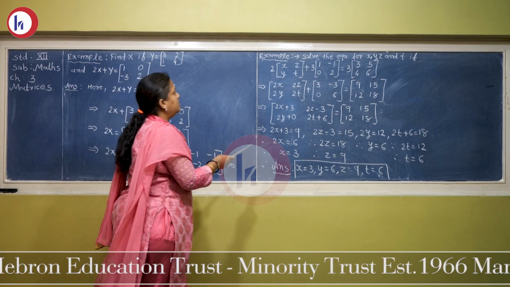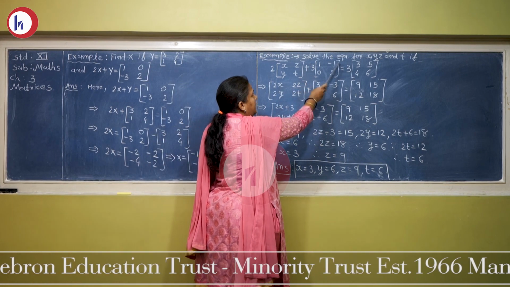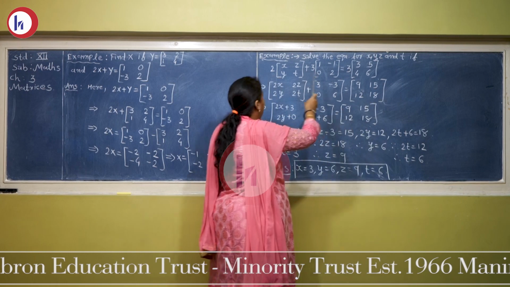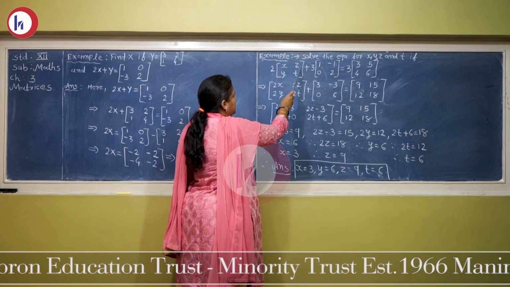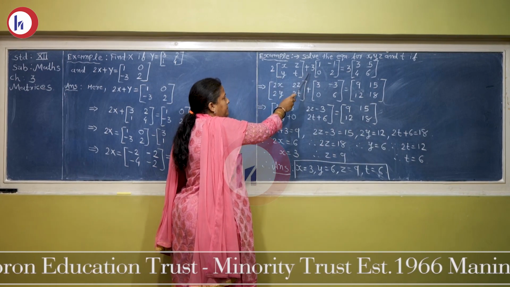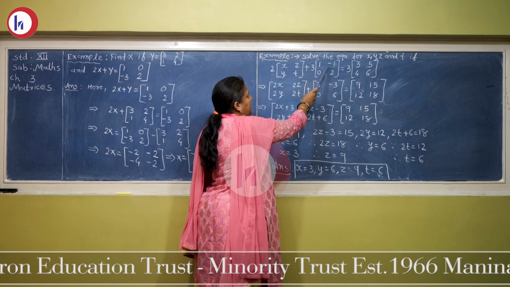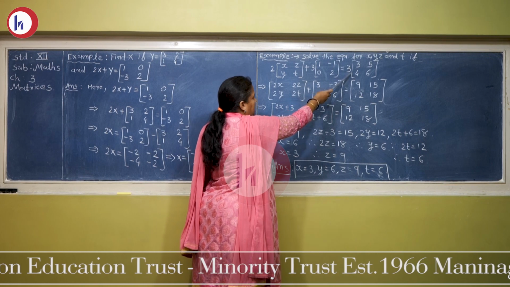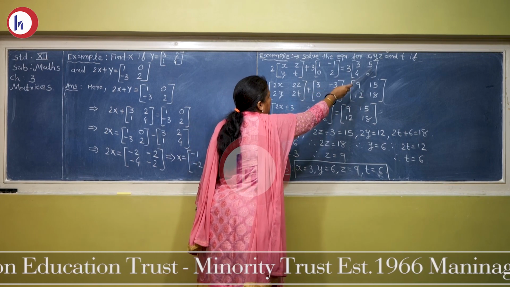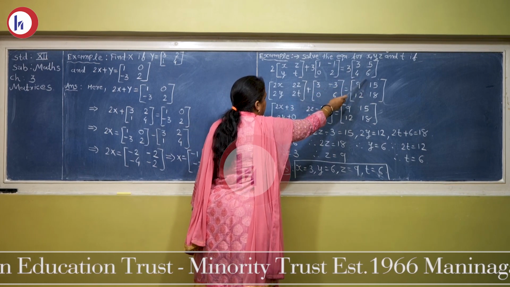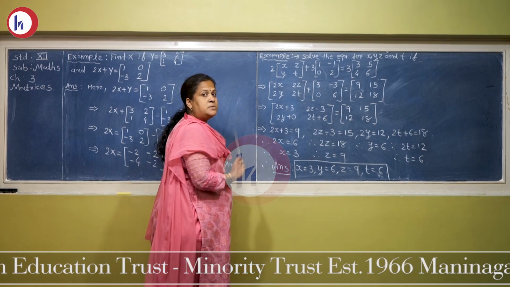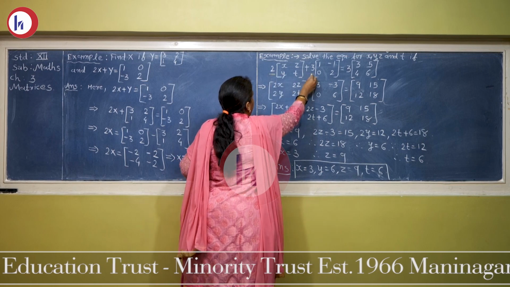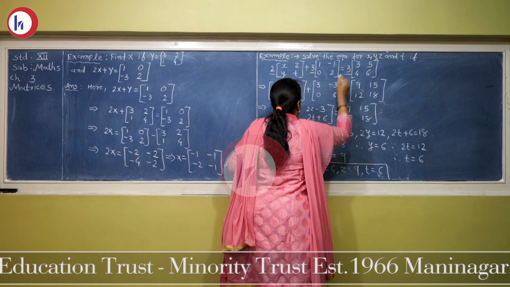Now let us solve the equation for x, y, z and t if 2 into [x, y; z, t] plus 3 into [1, minus 1; 0, 2] equals 3 multiplied by [3, 5; 4, 6]. In this question you can observe that every term of the matrix is multiplied by a scalar quantity.